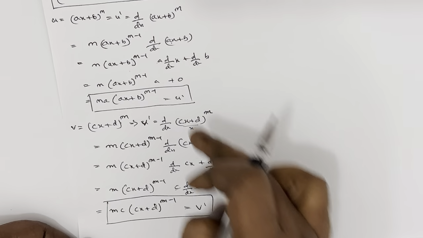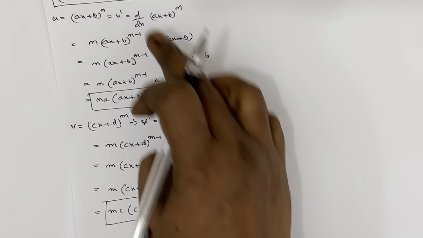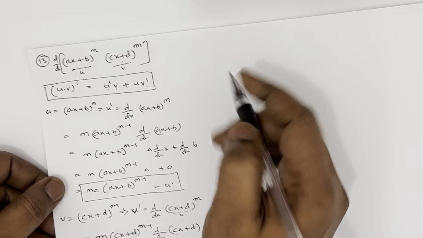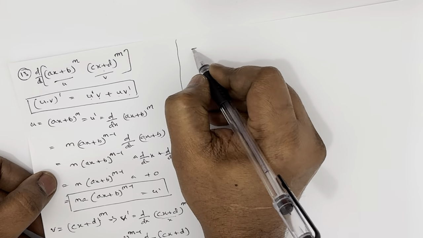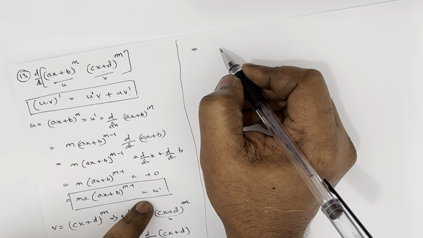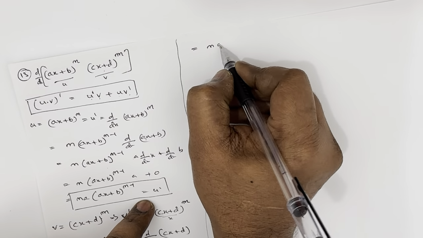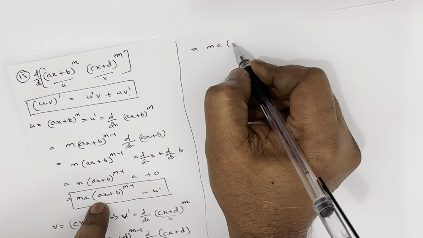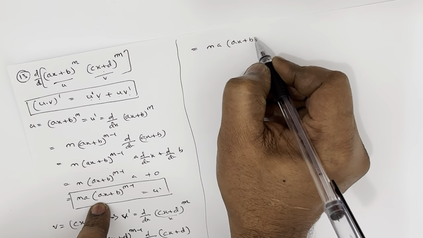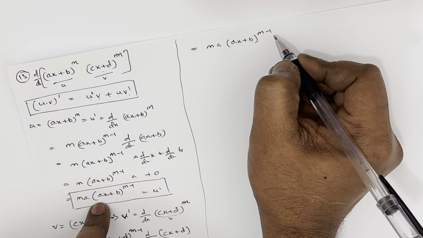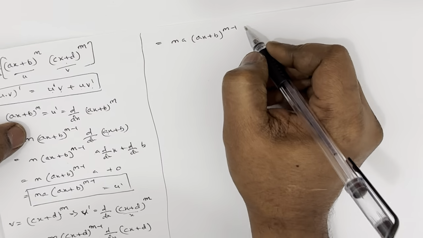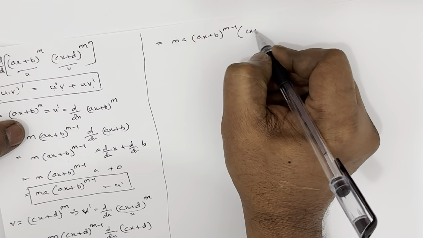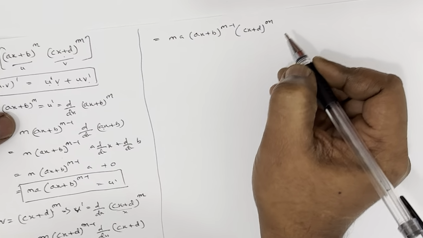Now we got u dash and v dash. Let's put these values in the formula. So u dash is na (ax plus b) whole n minus 1 multiplied by v. So v is (cx plus d) whole raised to m.